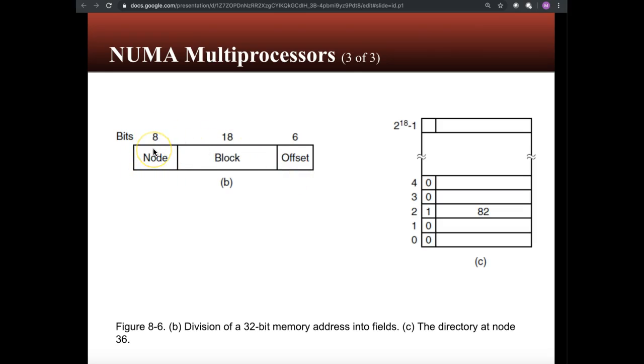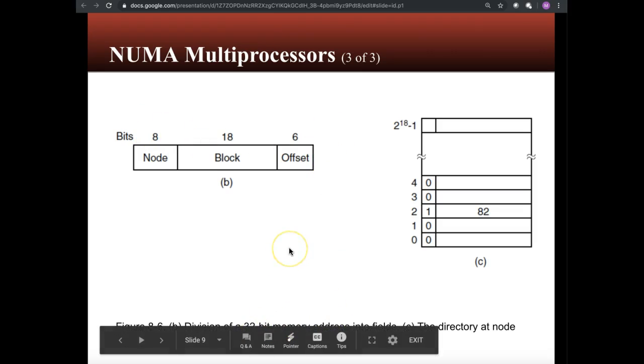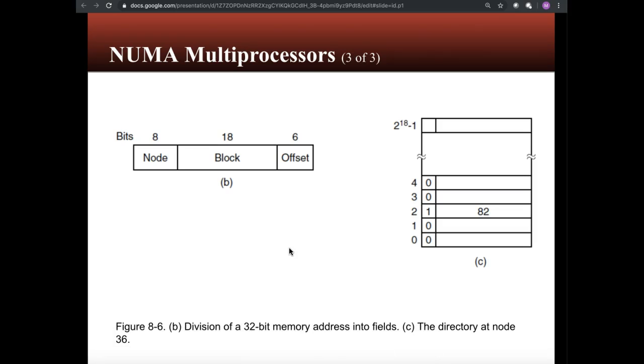That's our 256 nodes. How many blocks? Each one can have 2 to the 18th. And then the offset of where to go. So this is how you derive this whole size. Now you could take this 24 and figure out how big that would be. But notice all of these put together is a 32-bit memory address. So this is a way to break these down like we've seen time and time again.